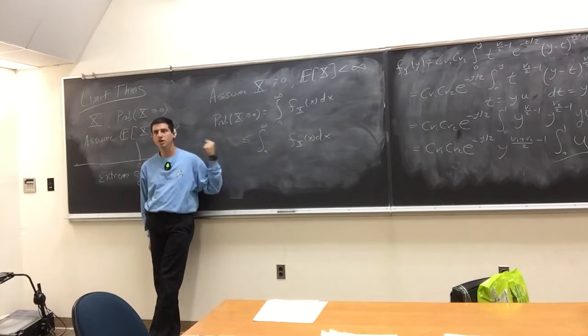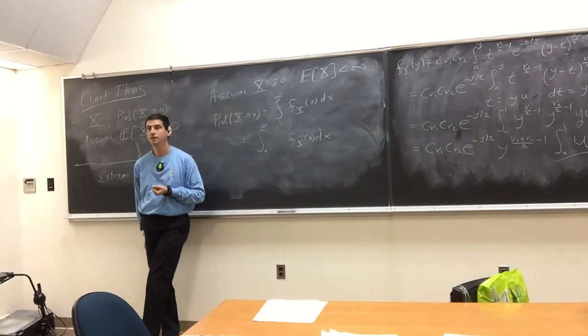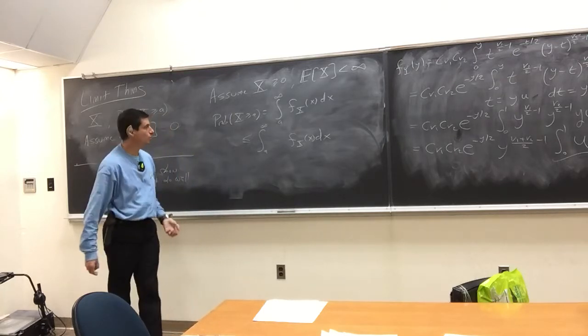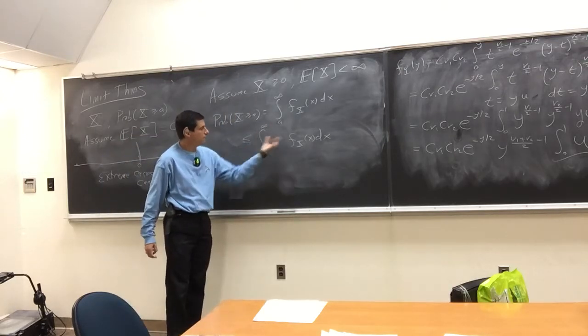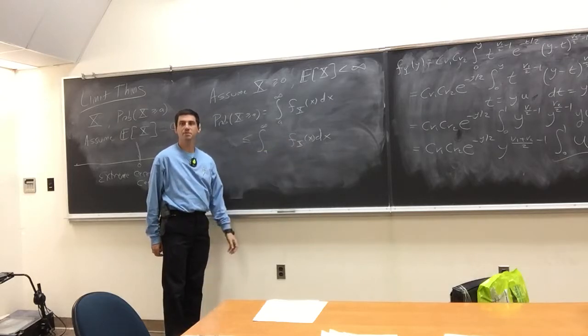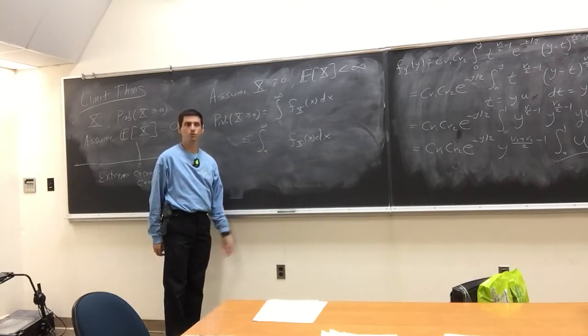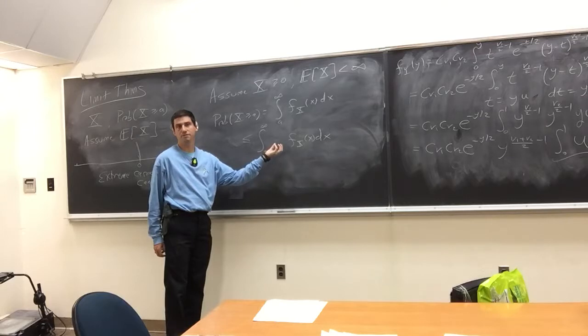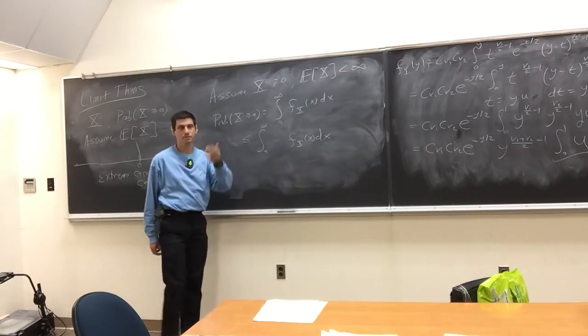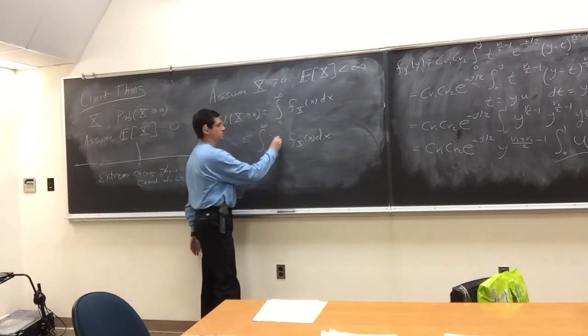What's the one quantity we are given any information about in this problem? What are we told we know? E of x, the mean. So what integral is related to this that has a mean in it? What should we throw in here? We throw in an x.